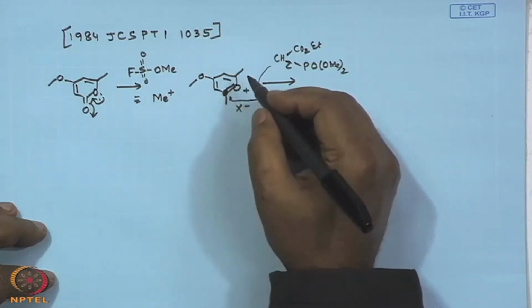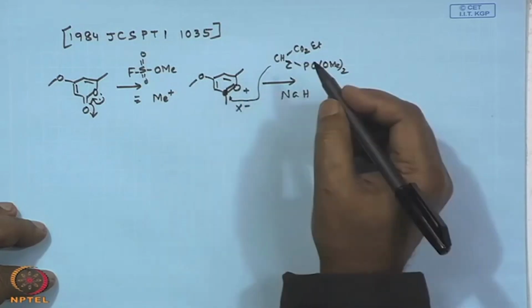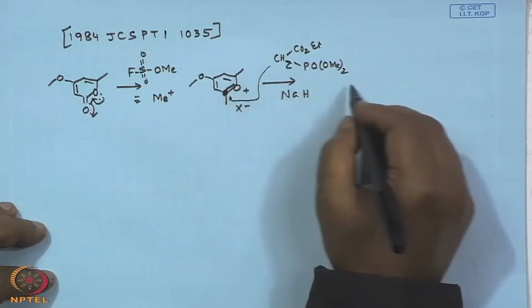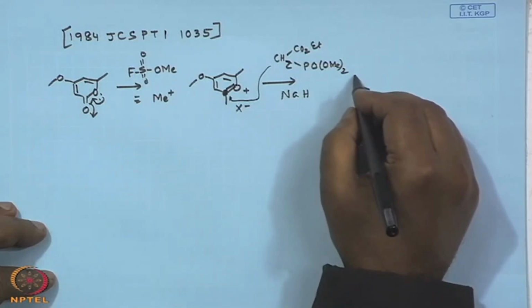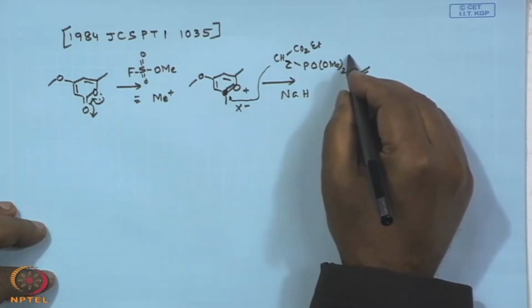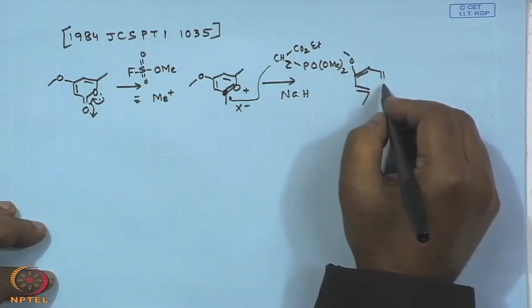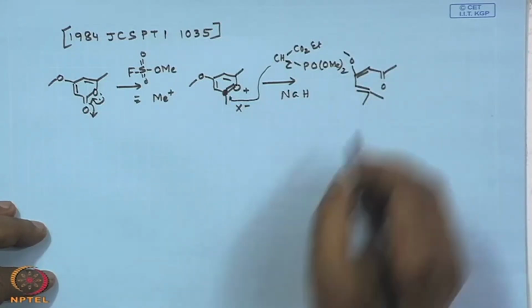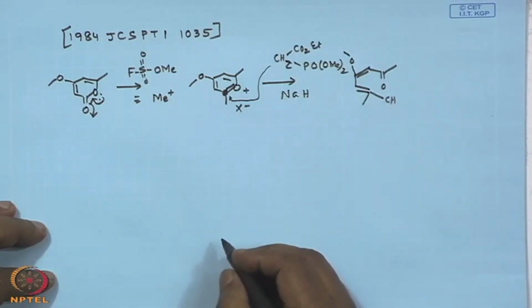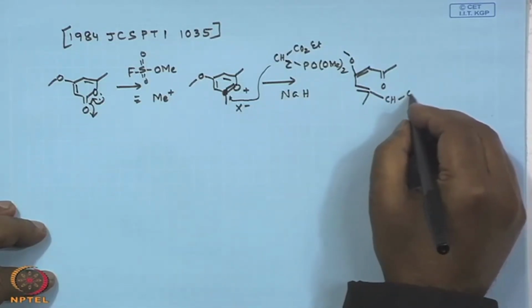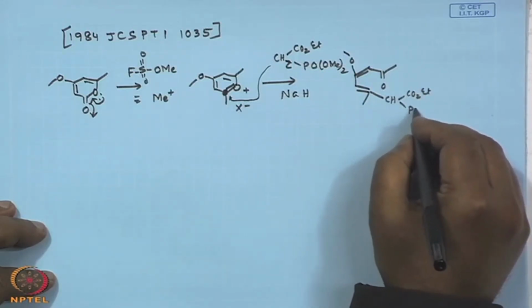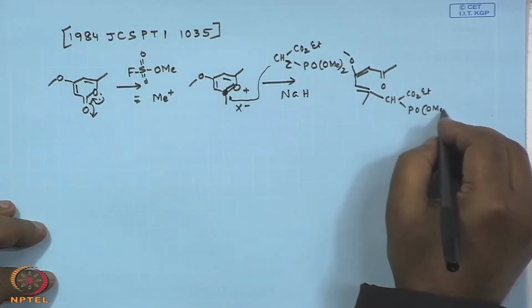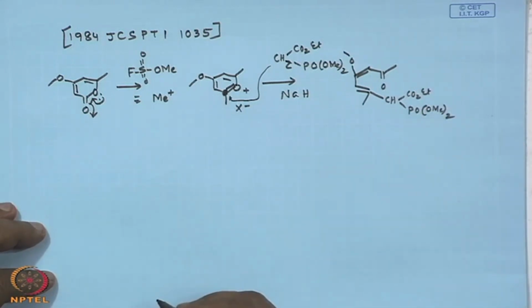It is a symmetrical one, so it does not matter which carbon. Eventually you will get this methyl here, carbonyl, and then here you will have CH, then this ester group, and then this phosphonate. So, basically a simple nucleophilic substitution reaction. What next?